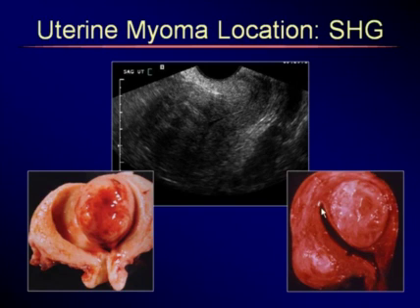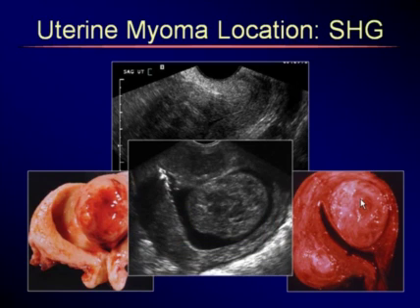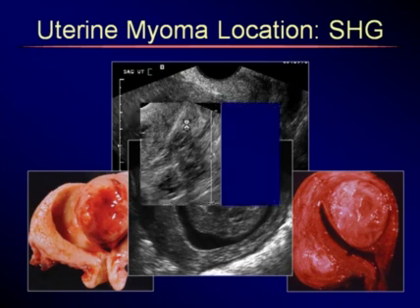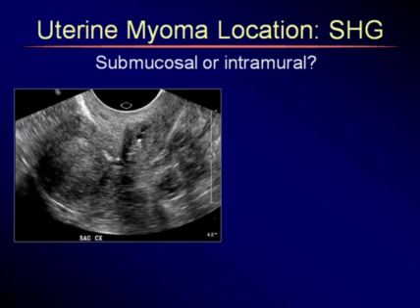Or is it one of these that just pushes the endometrium and is intramural? So a great way to look at this is to do a sonohysterogram. Put a little bit of fluid in the cavity and there you have fluid surrounding it. This was one of these, a completely intracavitary myoma. Very useful information.